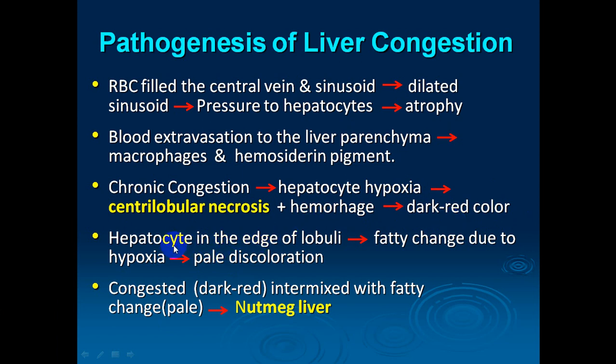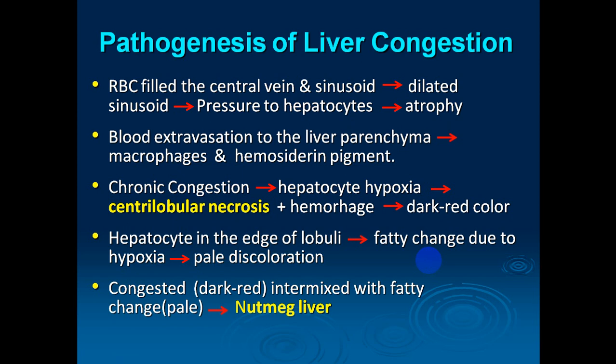Some hepatocytes, in particular around the portal area, will also suffer hypoxia, but they are tougher than cells around the central vein. Those cells will undergo a sort of degenerative process. Those cells at the edge of the lobule, around the portal area, will degenerate.